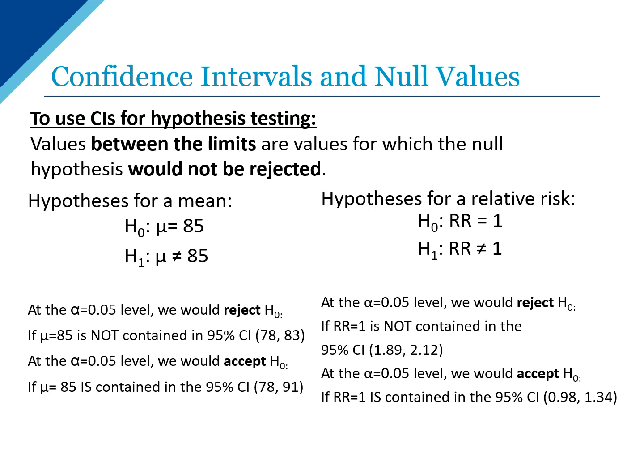For example, for a population value mean of 85, we would reject the null if the value is not contained in the interval of, for example, 78 to 83. We would not reject it if the confidence interval were 78 to 91. For relative measures, we simply want to make sure the confidence interval does not contain 1.